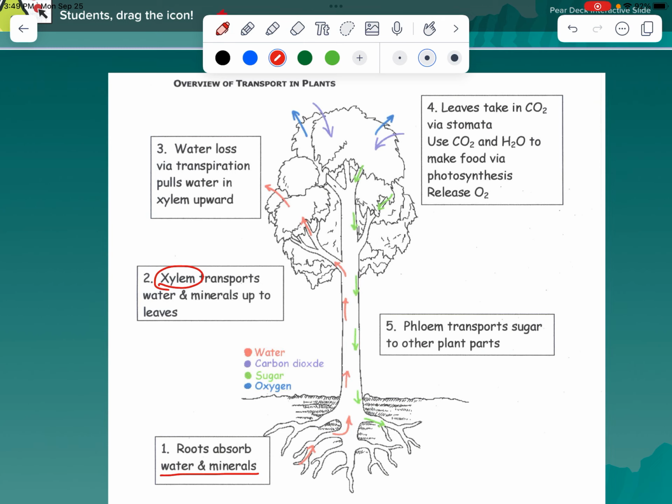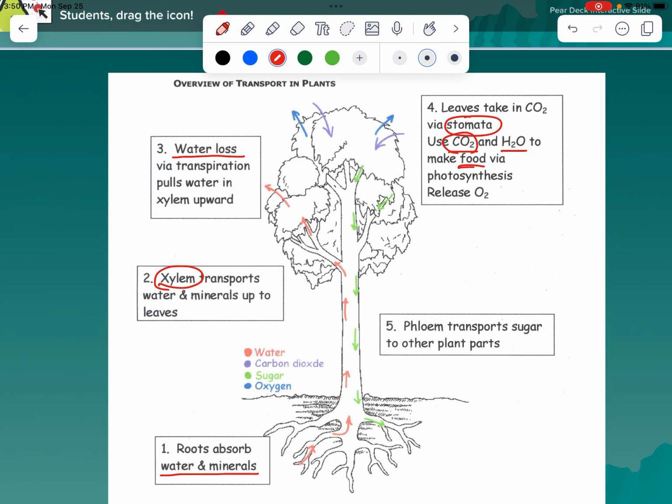Once they reach the leaves, water molecules will be evaporating off of the plant leaf through stomata. Another thing that happens up in the leaves is photosynthesis. In the leaves, there are these tiny pores called stomata, and stomata are the holes through which carbon dioxide can enter and water molecules can exit the plant.